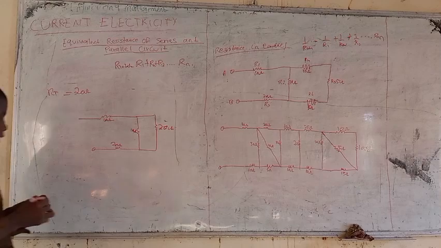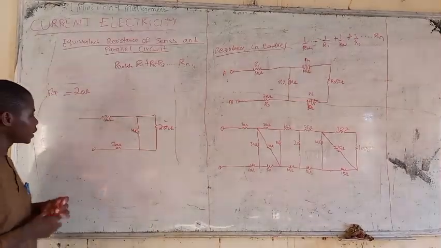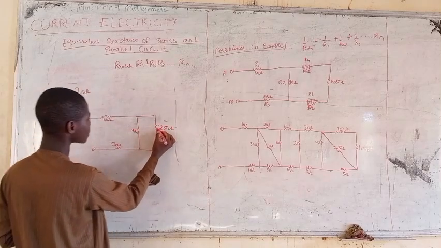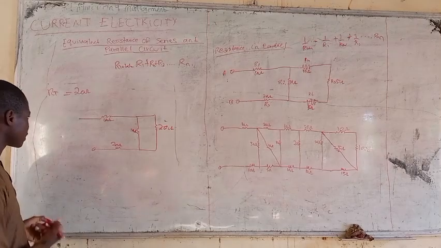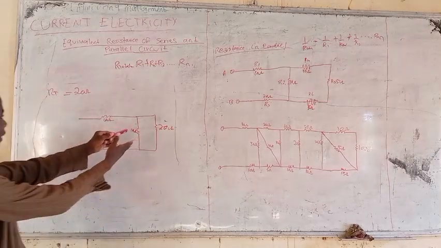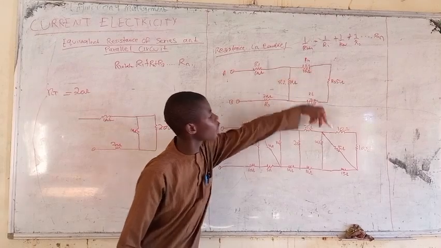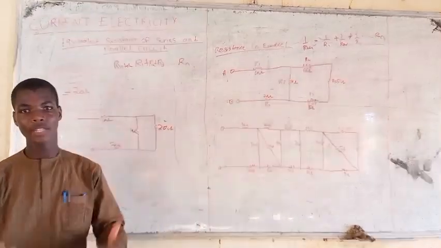At this point, the next thing we have to do is to determine whether this resistance and this resistance are in parallel or in series. We can see that the total resistance of R4, R5, and R6 and R2 are in parallel.